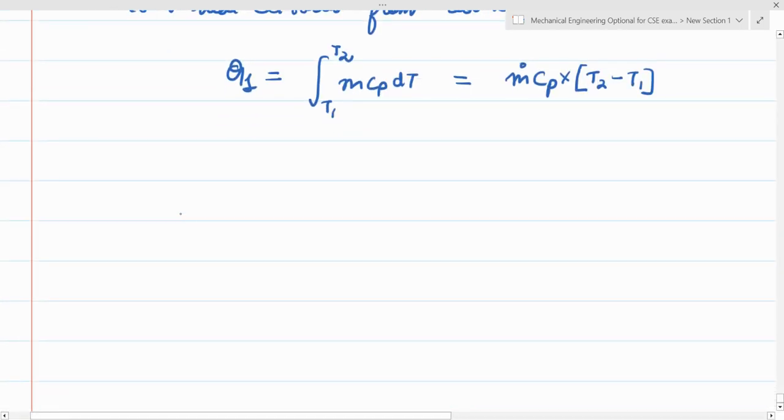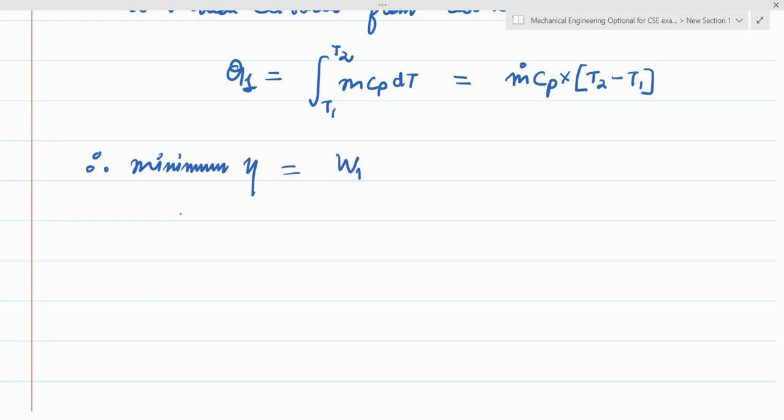Now for maximum efficiency, therefore, the maximum efficiency is given by W max divided by Q source.